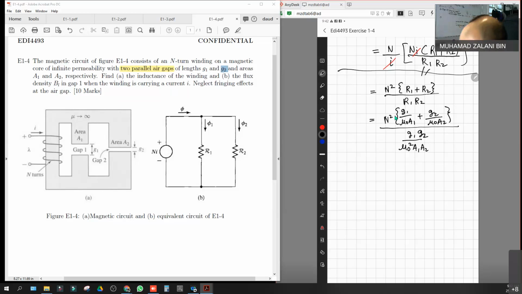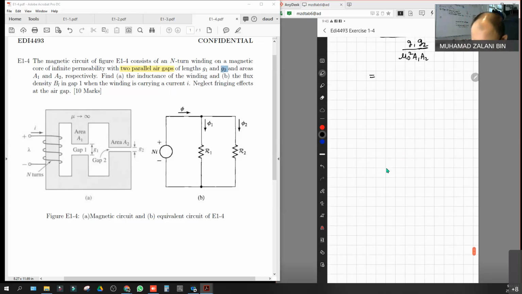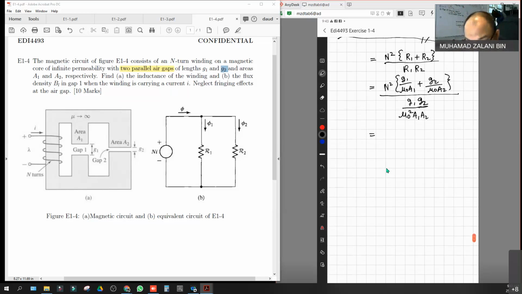This one, the bottom one. Okay, I think that's all clear. So we can just proceed with further calculation.